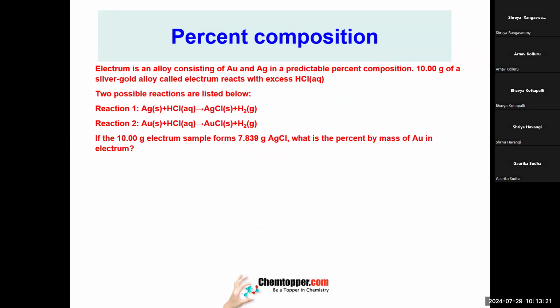Read the question. Okay, ready to answer my question? What is the mass of the sample?